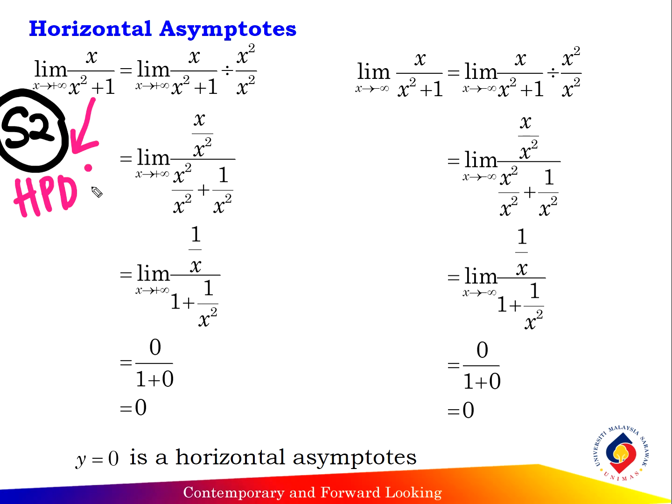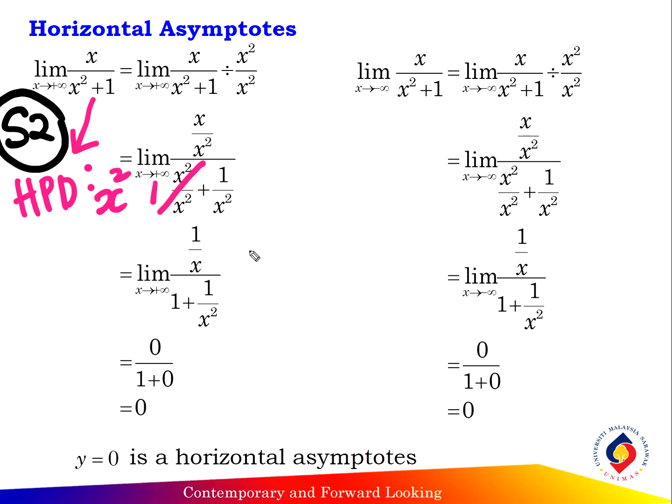Divide the numerator by x squared, x over x squared, and the denominator x squared plus 1 over x squared. The denominator x squared over x squared equals 1, so we get 1 over x in the numerator and 1 plus 1 over x squared in the denominator.